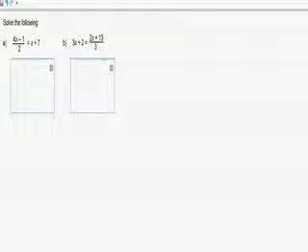Here we've got 4x minus 1 divided by 2 equals x plus 7. Remember I said I want to get rid of brackets and fractions. If we've got fractions, it's simple, it's just looking at what we've got. I don't want this fraction here.